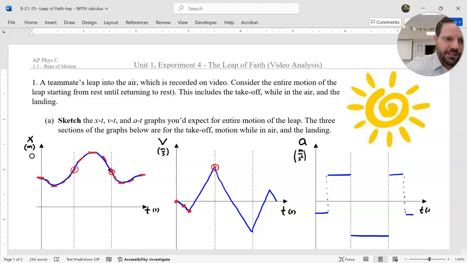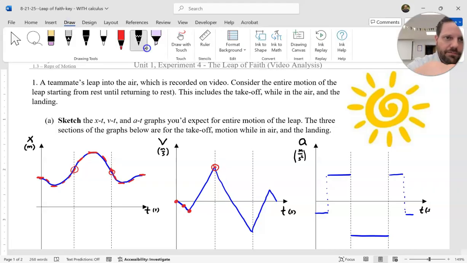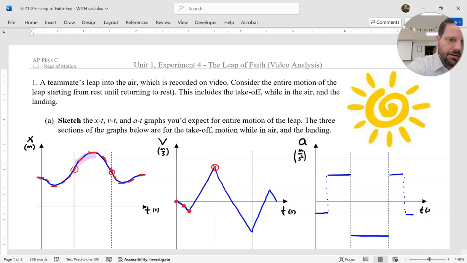Okay, and then you see this whole parabola that we have here corresponds to this entire shape in the air here. And that's a special in the air type of motion, which we call free fall. And of course, that's going to be when gravity is acting on him.